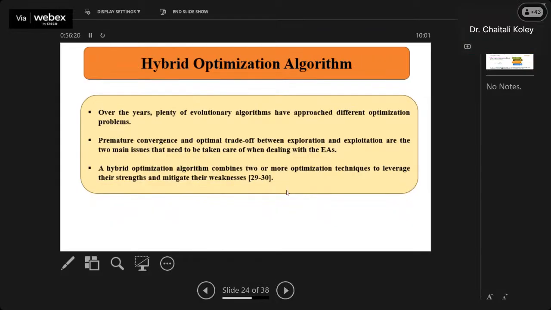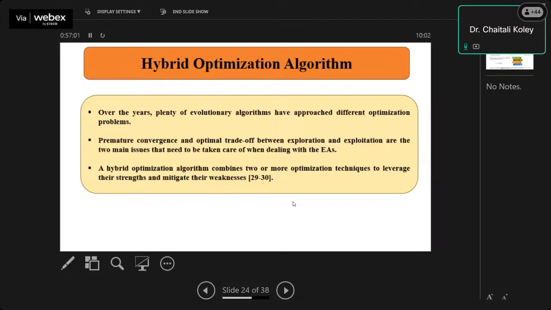Then hybrid. Presently, instead of utilizing a particular optimization technique, whenever we are thinking about antenna design, many people try combining many optimization techniques. They try to select the best features of each particular optimization technique and combine them to generate a hybrid optimization technique, so that they get a better result.